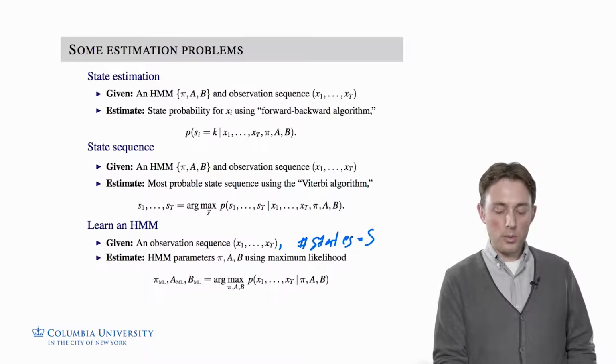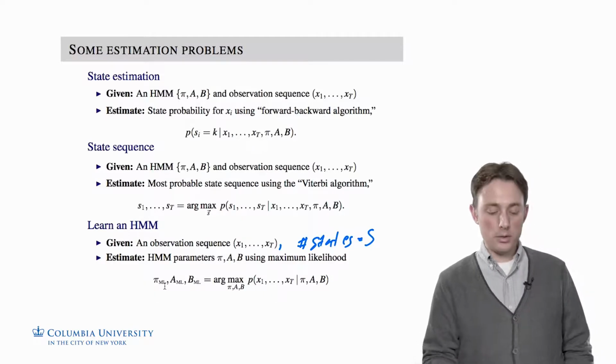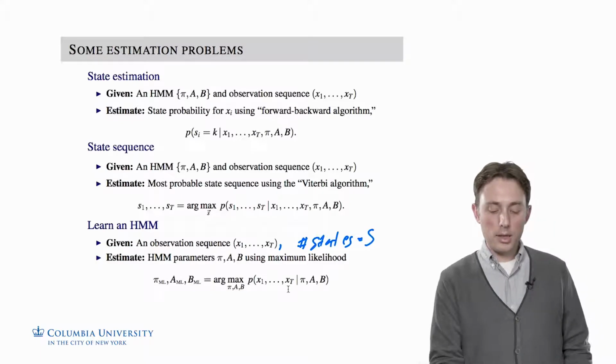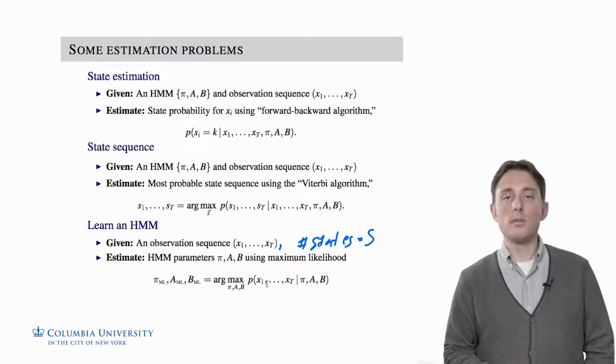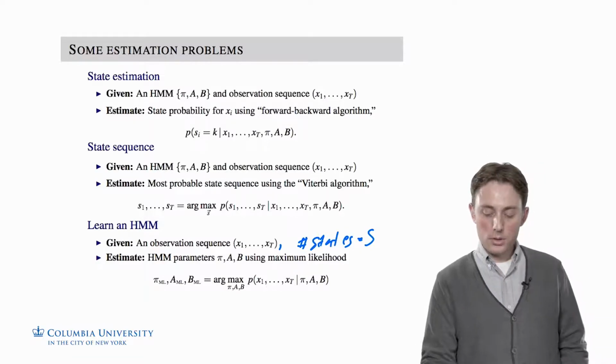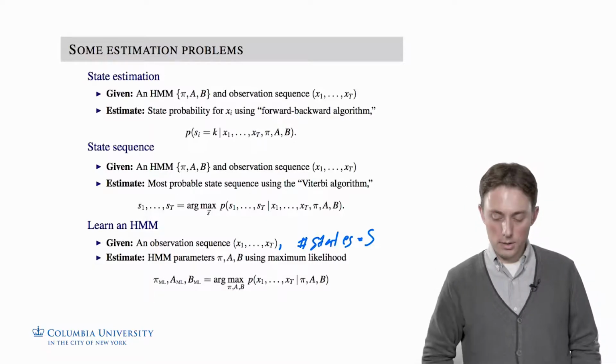And especially, we might want to find the maximum likelihood parameters of an HMM that are most probable given some data. That's the first thing we would want to see if we could calculate. So this one we'll discuss in a little bit more detail in this course.